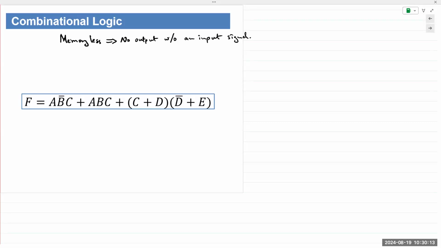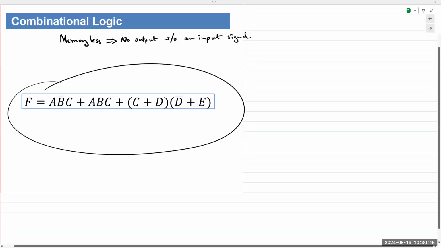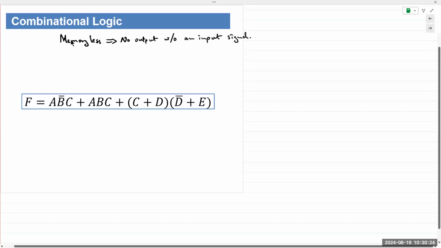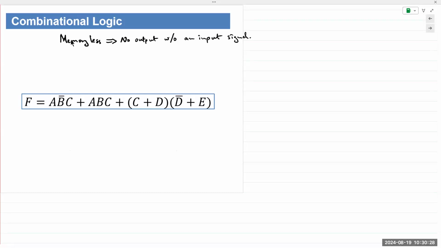So if we wish to implement this function, and again, this function could be anything, right? It could be a sensor in a car, in a vehicle, could be your temperature settings at home, could be anything. Basically, it takes multiple inputs and provides a desired output.